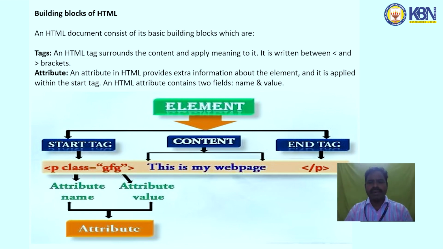This is my web page. Closing tag P. P means paragraph. Here the attribute is P class equal to GFG. P class is the name, and GFG is the attribute value. These are the two parts of an attribute.